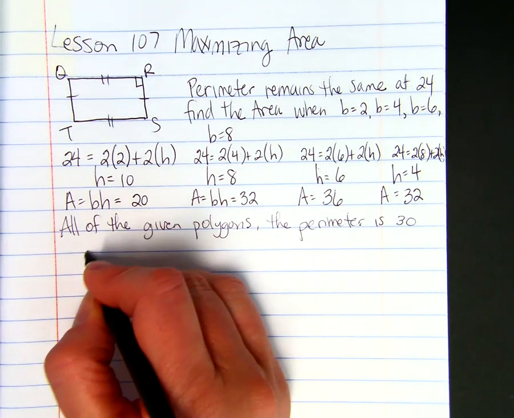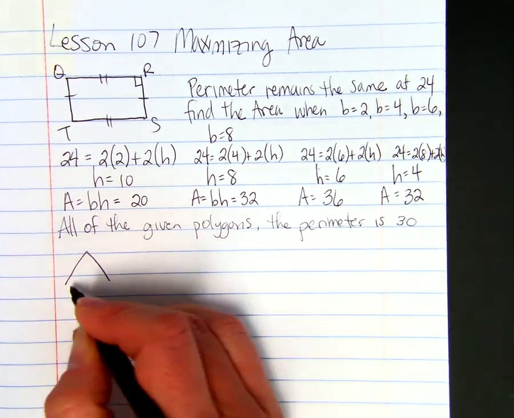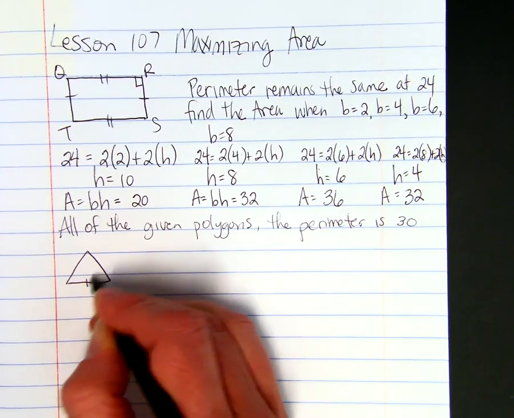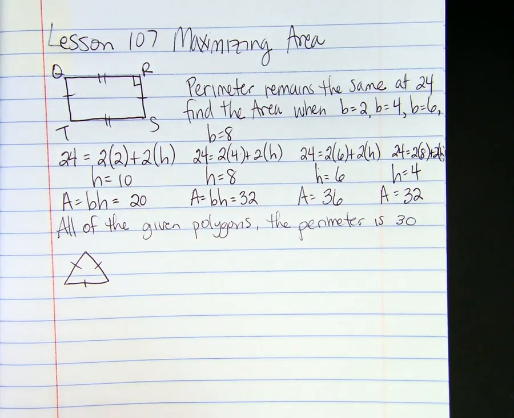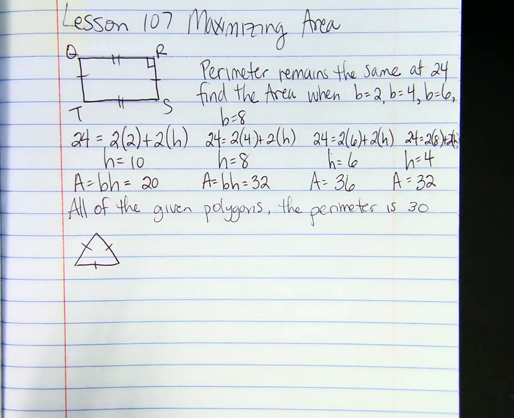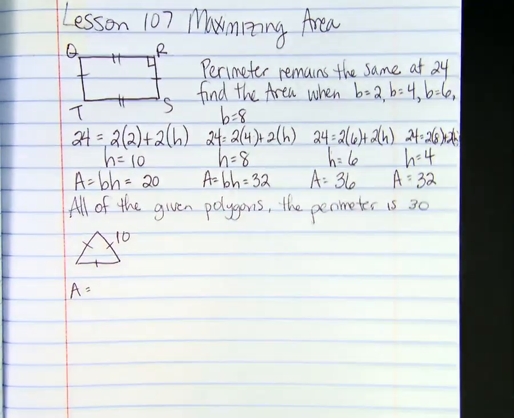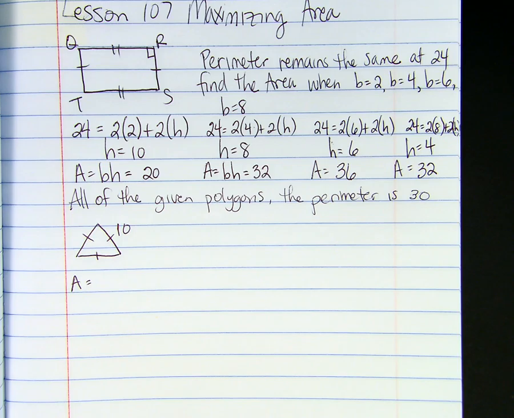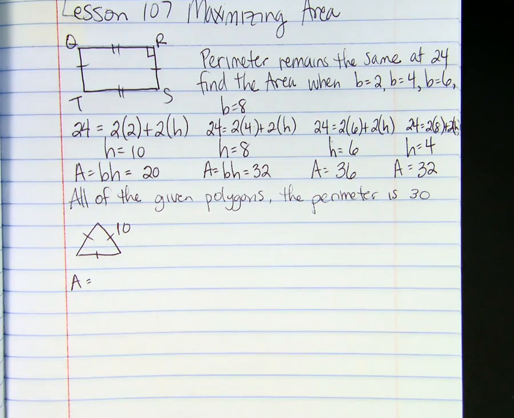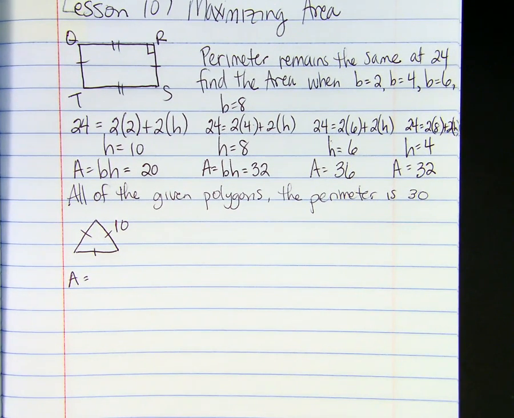So we'll start with an equilateral triangle. Since the perimeter is 30, we know each of the sides will be 10. And the area will be half the apothem times the perimeter.